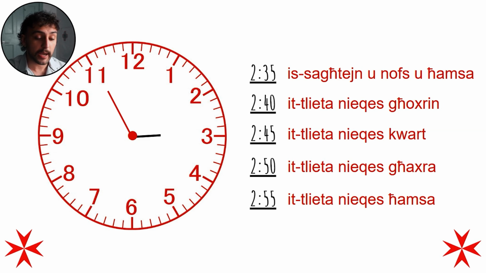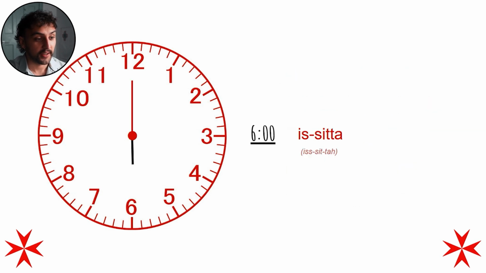But what would happen if we were to look at 6 o'clock? And stay with me here because this gets interesting. For 6 o'clock, we of course have isitta, as we learned earlier.